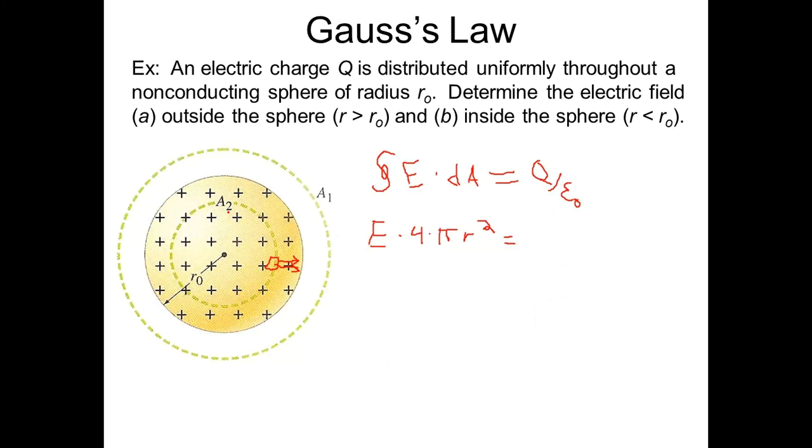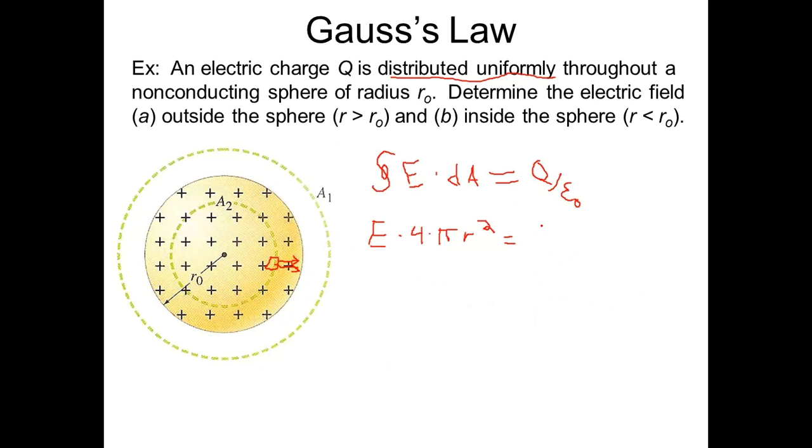So, for instance, let's say that the amount of volume I have enclosed in my Gaussian pillbox is 3/4 of the whole. Can you see that the amount of charge inside of it, since it's uniformly distributed, would be 3/4 of the Q? Or let's say it was 2/3 of the volume, then it would be 2/3 of Q. So it's really going to be a ratio of the volumes.